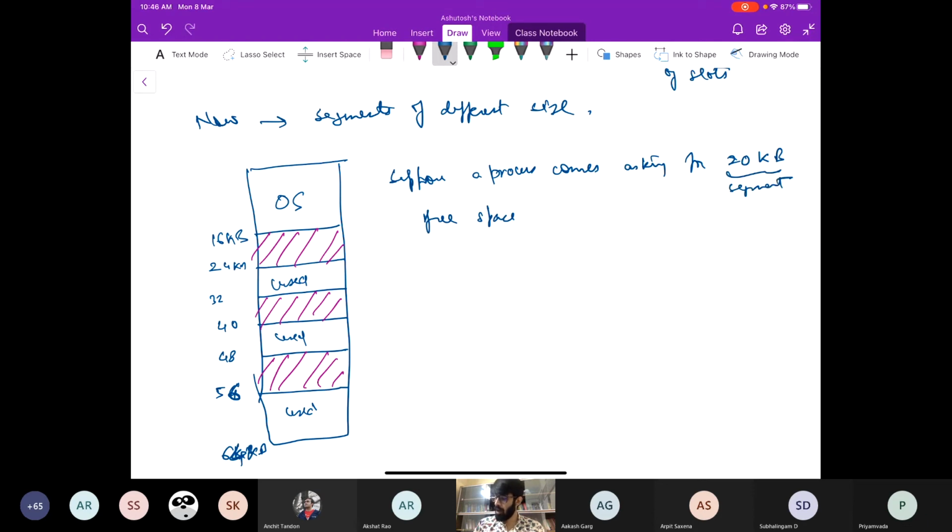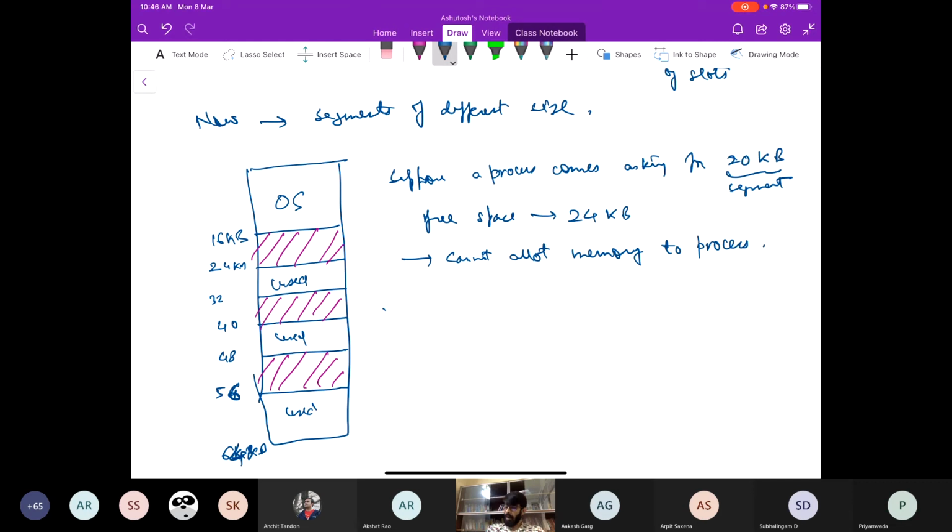Even though free space now is 24 KB, we have to say no to the process. Why? Because there is nothing contiguous of 20 KB. Everything is of 8 KB, and the segment has to remain together, right?